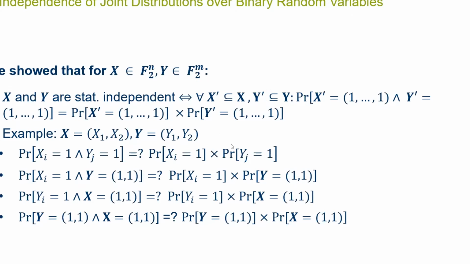I made an example here: we have two sets of random variables, each containing two random variables, and we have to check each of the subsets, whether they are statistically independent if they all take the value 1. This results in checking 9 of these equations.